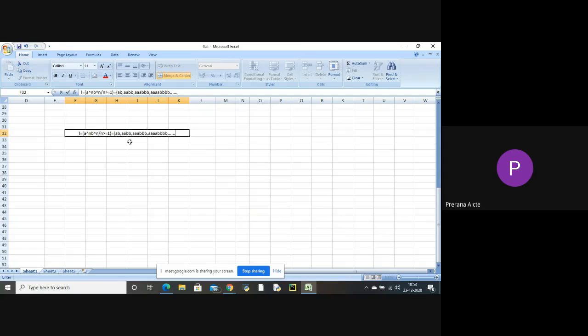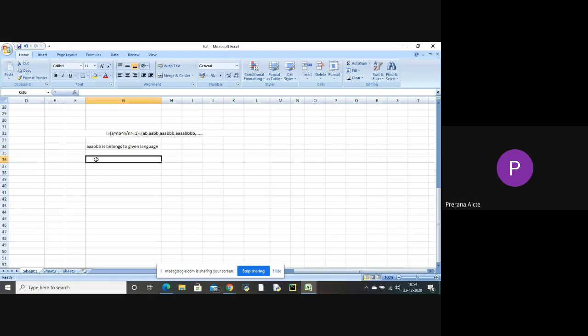If I take one string here, aaabbb, which belongs to the given language, we will divide the given string into w is equal to xyz, in such a way that x is equal to aa, y is equal to ab, and z is equal to bb.